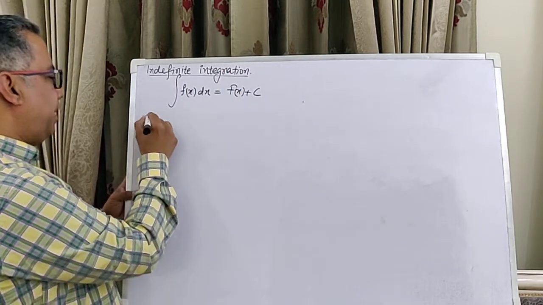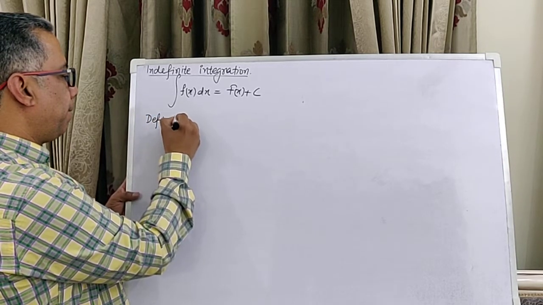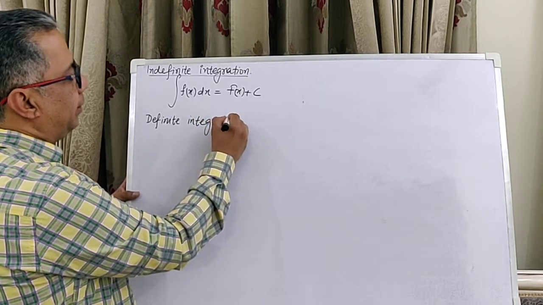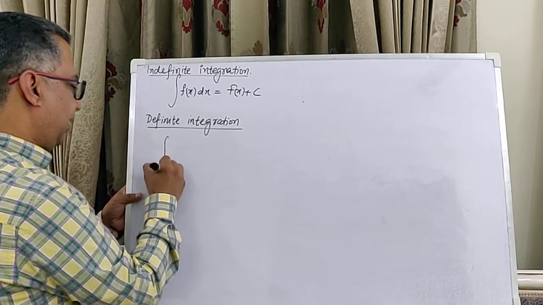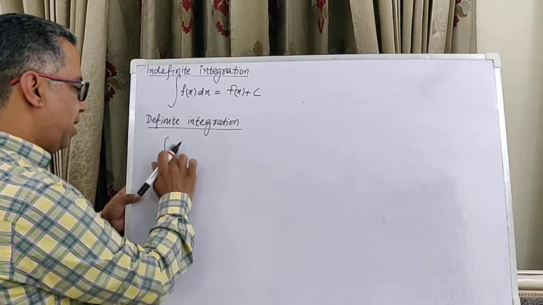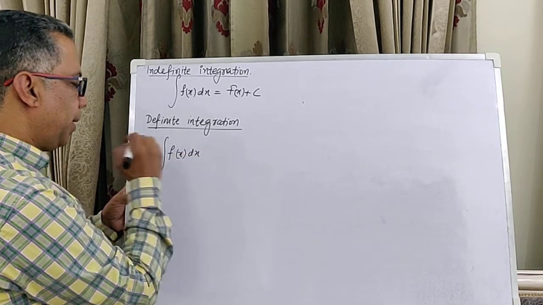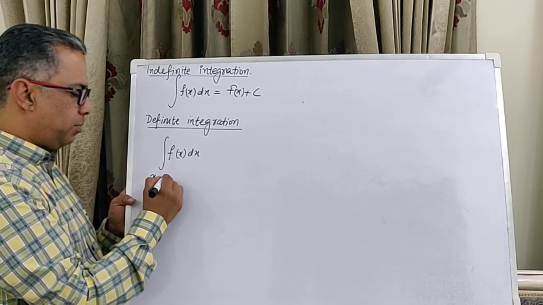What will happen in definite integration is that we are doing a summation, we are doing an integration, but we are doing this summation from x equal to a.